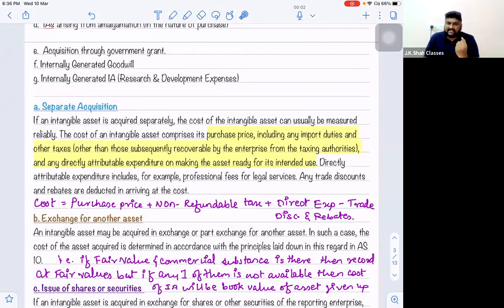The publisher will get the rights, print the book, sell it. Sometimes they pay a lump sum royalty for using the copyright, or they pay royalty on the basis of per unit sold. For writers like Chetan Bhagat, they might be paying some lump sum first, and after that some amount in the form of royalty for every book sold.